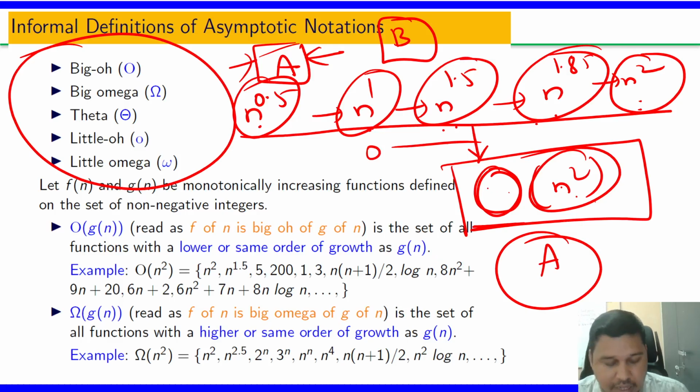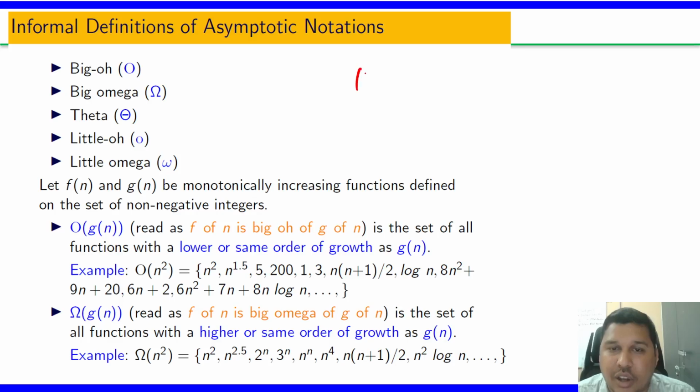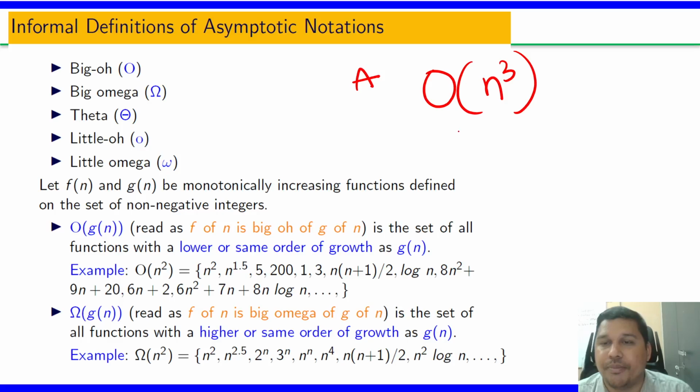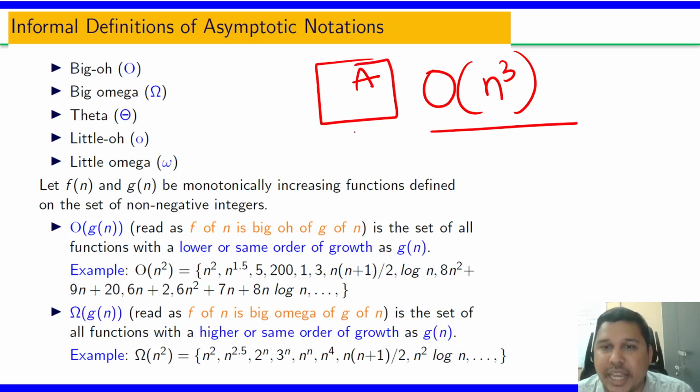When you are writing that for a particular algorithm A, the asymptotic notation is order of n cube, it means this algorithm A can take any value less than n cube.